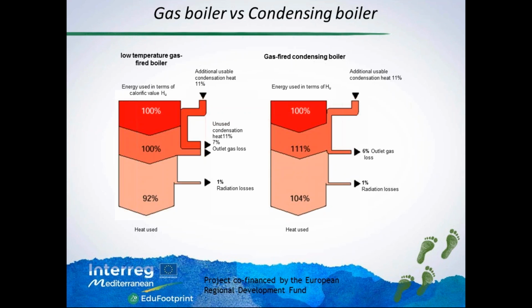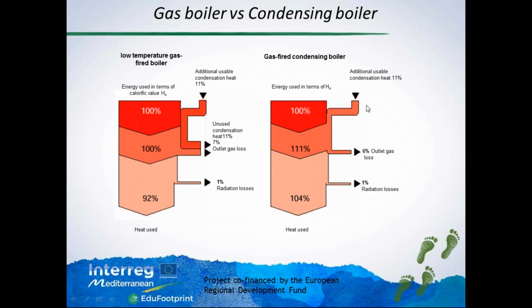So if you have a boiler which is very good and transforms into heat 95% of the energy introduced, it is a very good normal boiler. We are accounting this 95% on this part as 100%. We do not take into account this 11%.